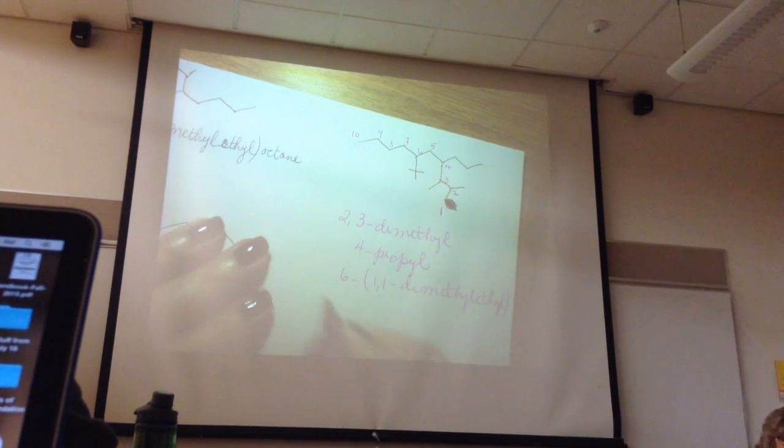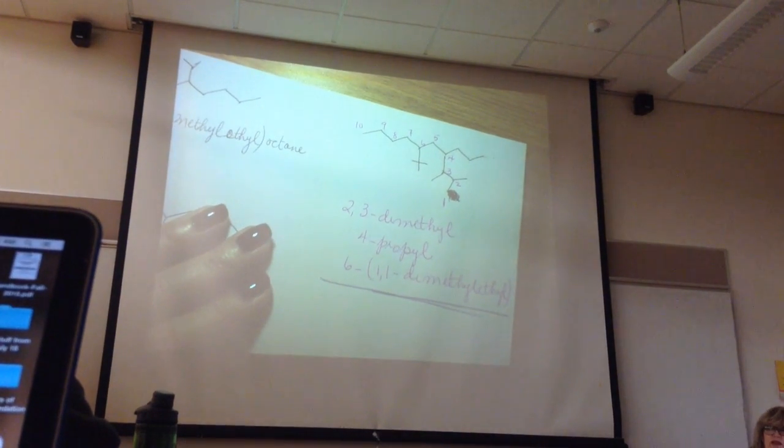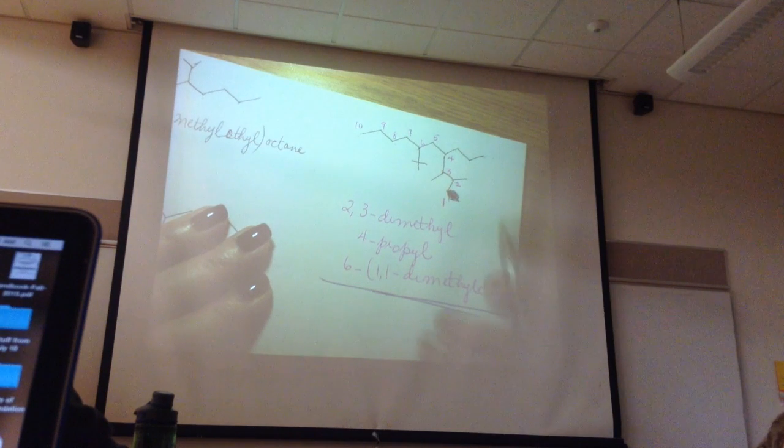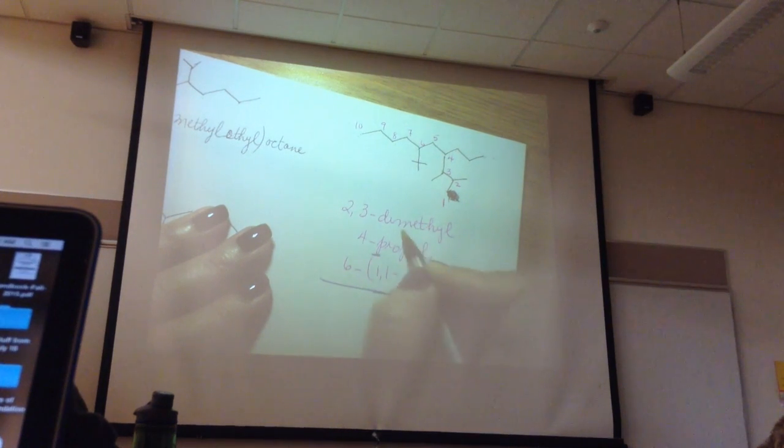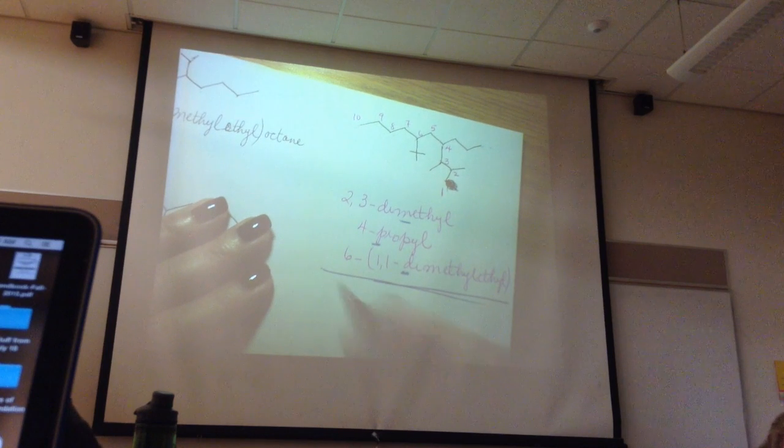So writing the name out, we have to pay attention on the alphabet. So the alphabet, this will be the first letter that will get alphabetized. The P for the propyl and the M for the methyl. So if we're writing the name, this will begin with a 6, 1, 1 dimethyl ethyl.